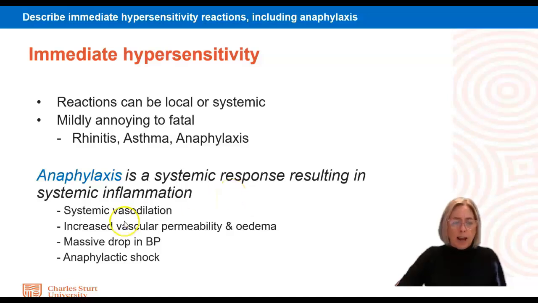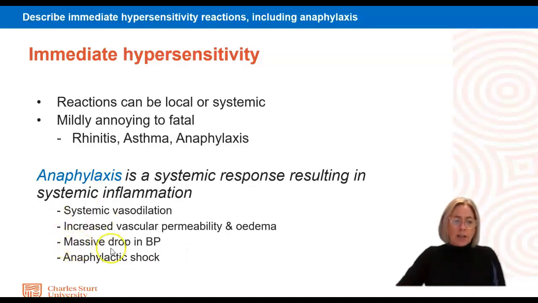What happens with anaphylaxis is there's systemic vasodilation, so the ring of smooth muscle surrounding the blood vessel relaxes, and so that causes the blood vessels to become wider. They still have the same amount of blood in them, but they're wider. At the same time, you also get increased vascular permeability, so blood vessels become leaky, and that protein-rich fluid then can leak out and accumulate in the tissues to cause tissue swelling or tissue edema.